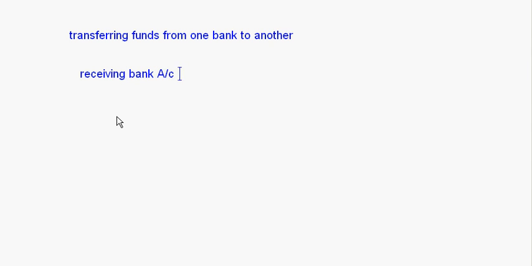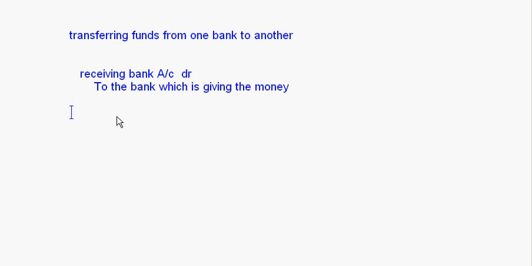One more entry that I will take here is when you are transferring funds from one bank to another, right? So here you will have the receiving bank account debit to the giving bank, or I will write to the bank which is giving the money from where the transfer is made, right? Okay.